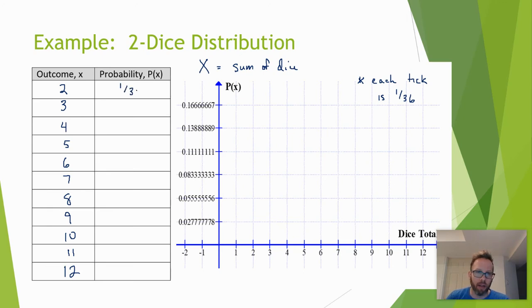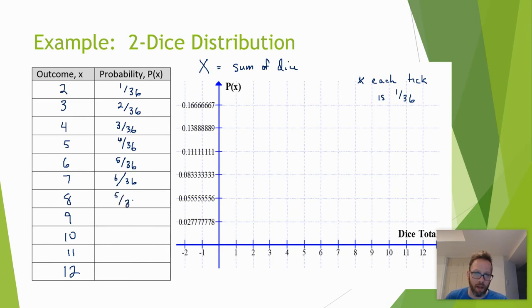So if we just want to quickly get this down, there was a 1 out of 36 chance of getting a total of 2, and then 2 out of 36, and it increases up until the highest probability was 7. Getting a total of 7 was most likely. It can happen 6 ways out of all 36 possible outcomes, or 1 out of 6.